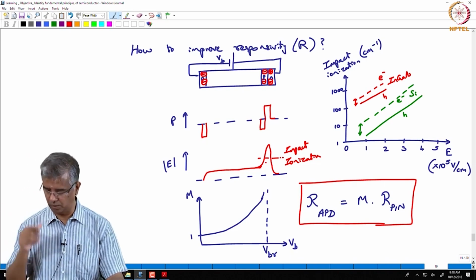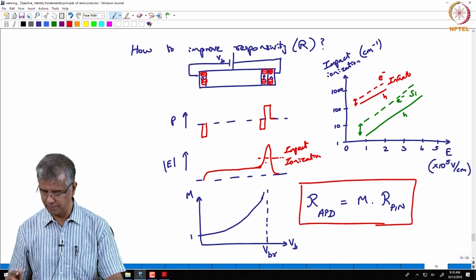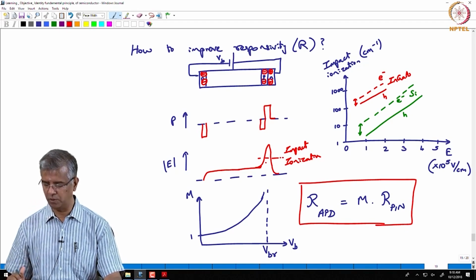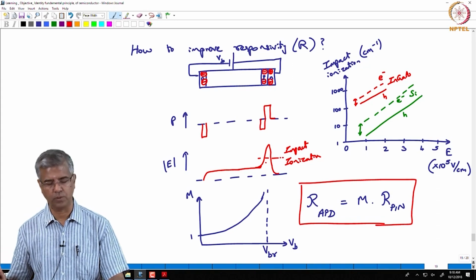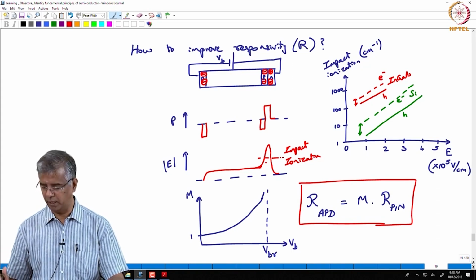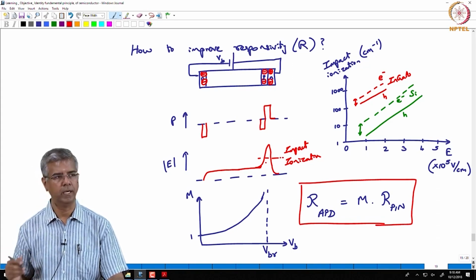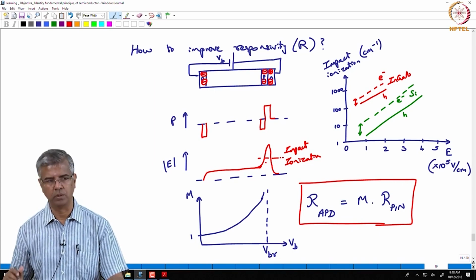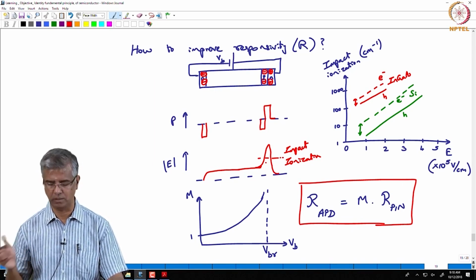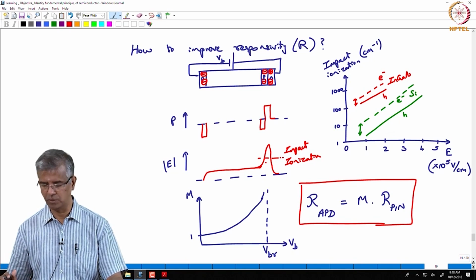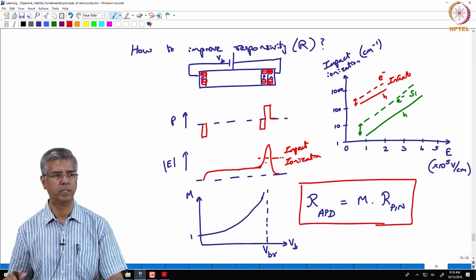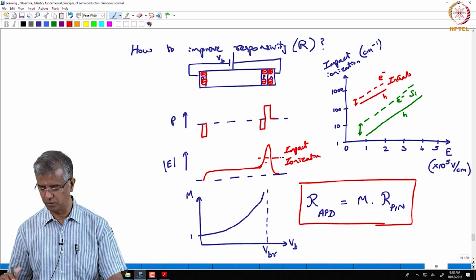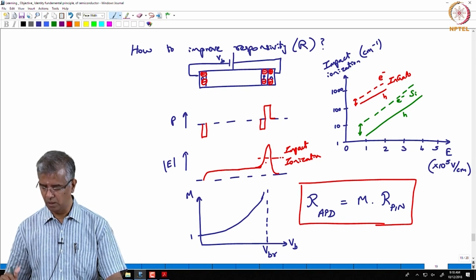Okay. And then we stopped at the point where we said the responsivity of an APD is M times the responsivity of a PIN, where M is determined by the electric field, or in practical terms it corresponds to the voltage that we apply to this structure.